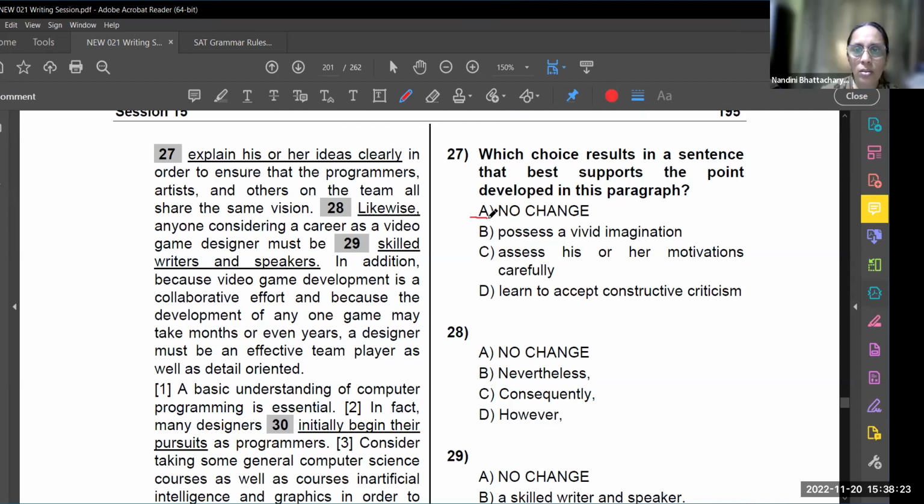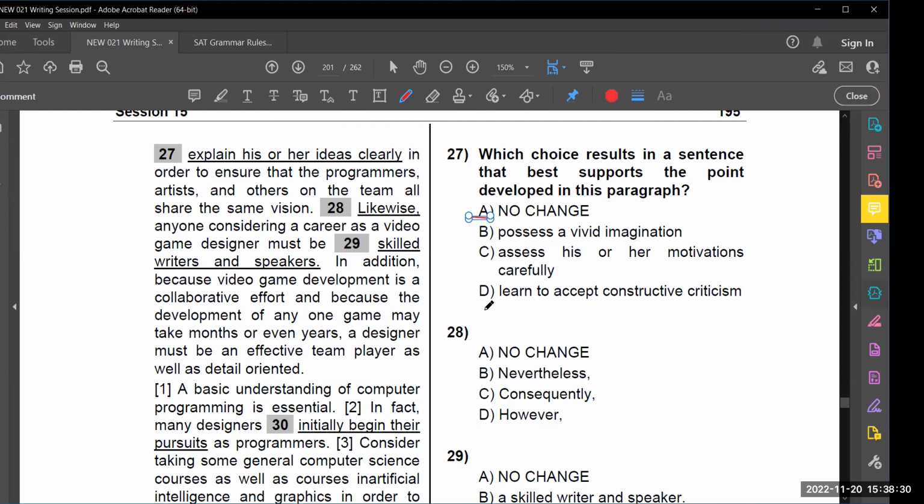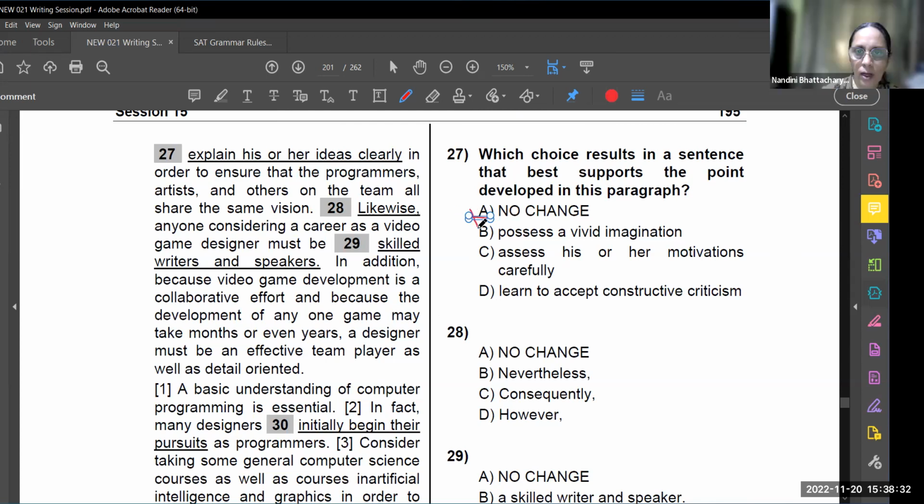A, no change. Okay. Everyone goes with A? Yes, ma'am. So A, yes, we will go with A. Why? It says a designer must generate extensive documentation, explain his or her ideas clearly. Now, possess a vivid imagination doesn't go in.